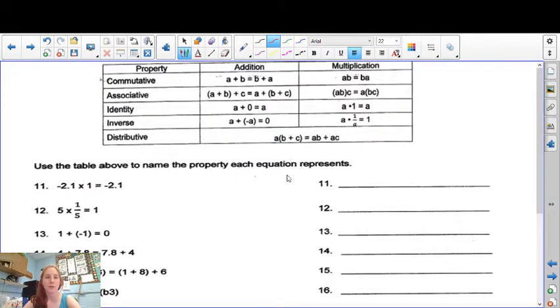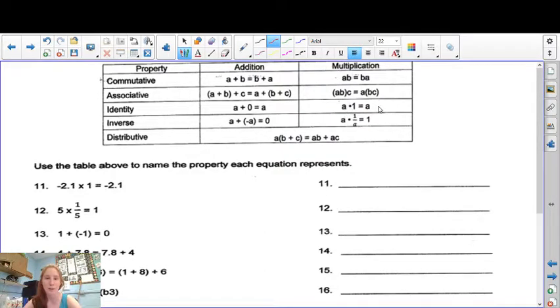We're going to use our different rules above in order to answer this. I'm going to try and type them because my handwriting's not the best. Okay, -2.1 times 1 is equal to -2.1. Commutative, where I move it around. Well, am I doing addition? Nope, I want the multiplication. Commutative, where I move it around. Associative, which means I'm multiplying in different orders.